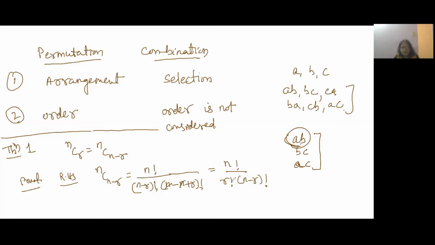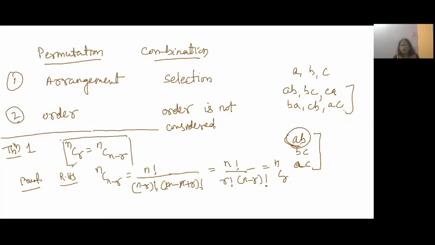So this is n factorial by r factorial into (n minus r) factorial, which is nothing but nCr. So nC(n minus r) equals nCr, or you can say nCr equals nC(n minus r).